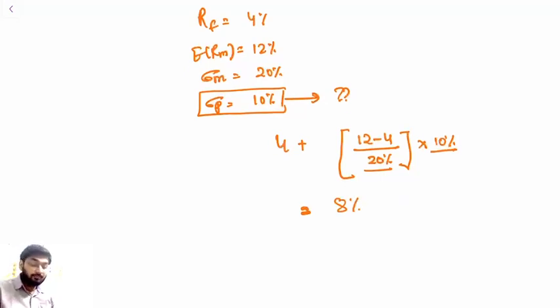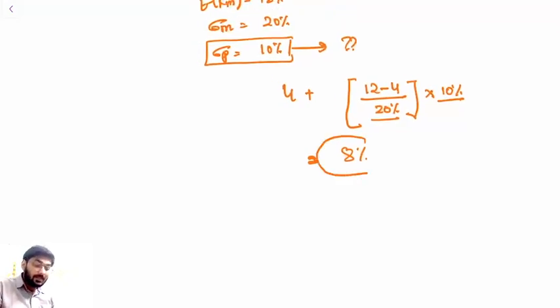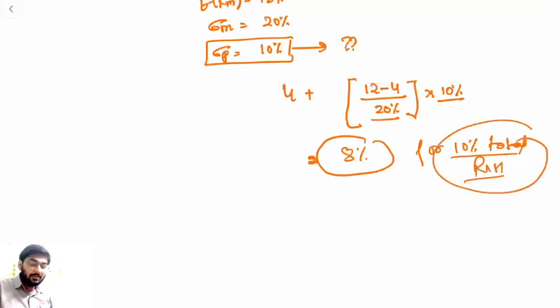Now write down, this is the maximum possible return for 10% total risk. That means if I am taking 10% total risk, the maximum return I can get is 8%. Clear?